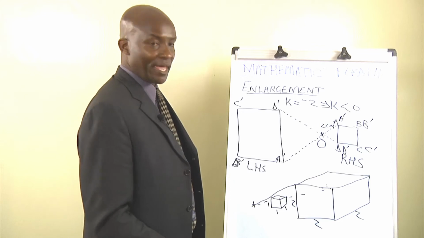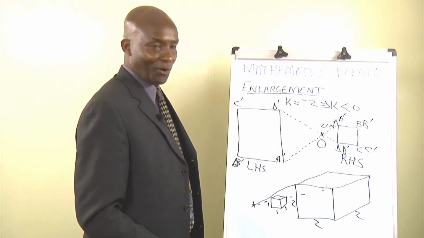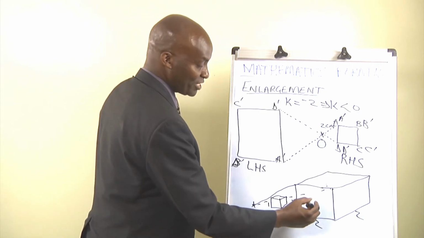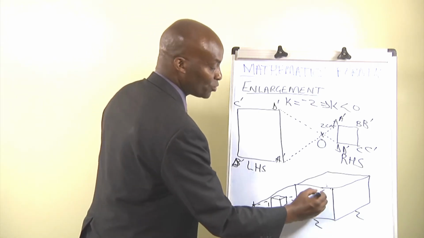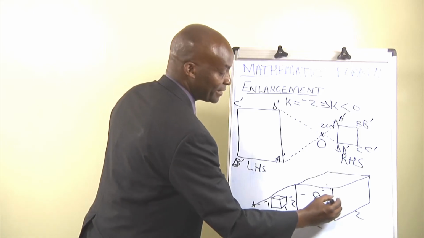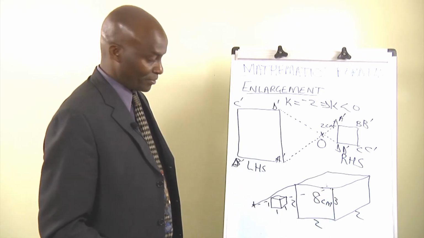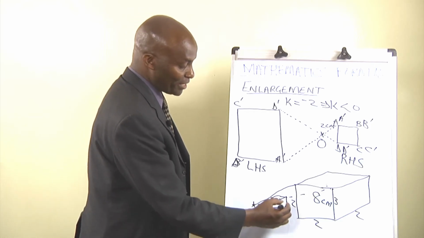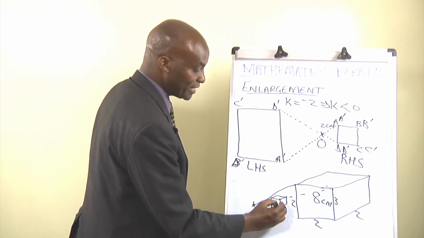So what will be the volume of the cube? The volume of the image cube will be 2 times 2 times 2, it will be 8 centimeters cubed. Whereas the volume of the object will be 1 times 1 times 1, which will be 1 centimeter cubed.